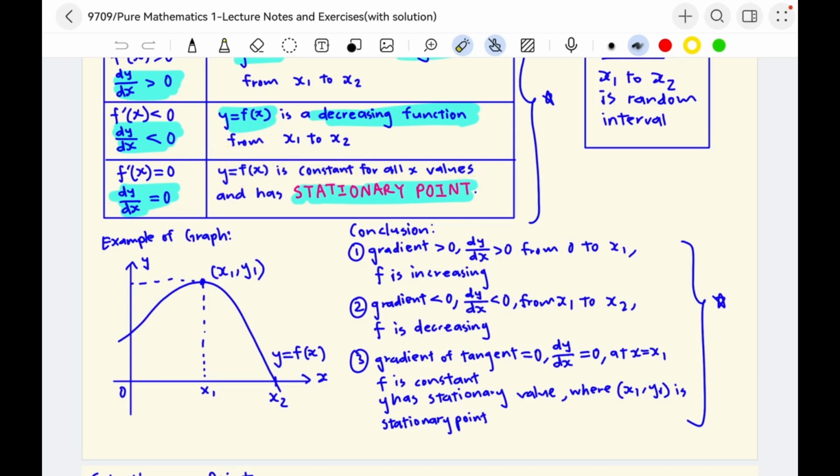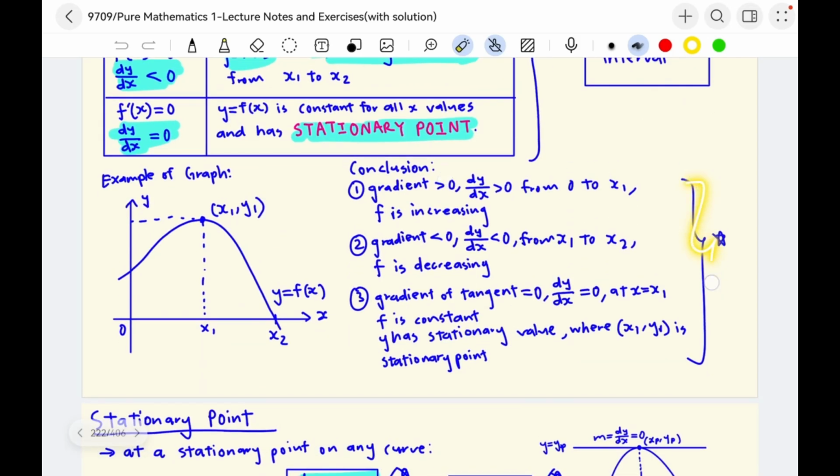But it's actually not. Let's say this has dy/dx of 0, which means that this is a stationary point. But the actual theorem is that its tangent is a horizontal line, so that's why the gradient of the tangent is 0.